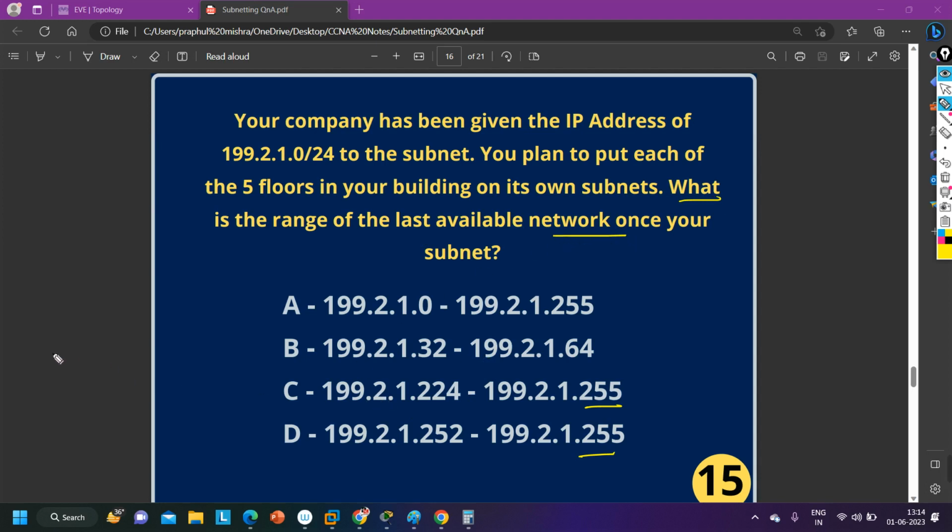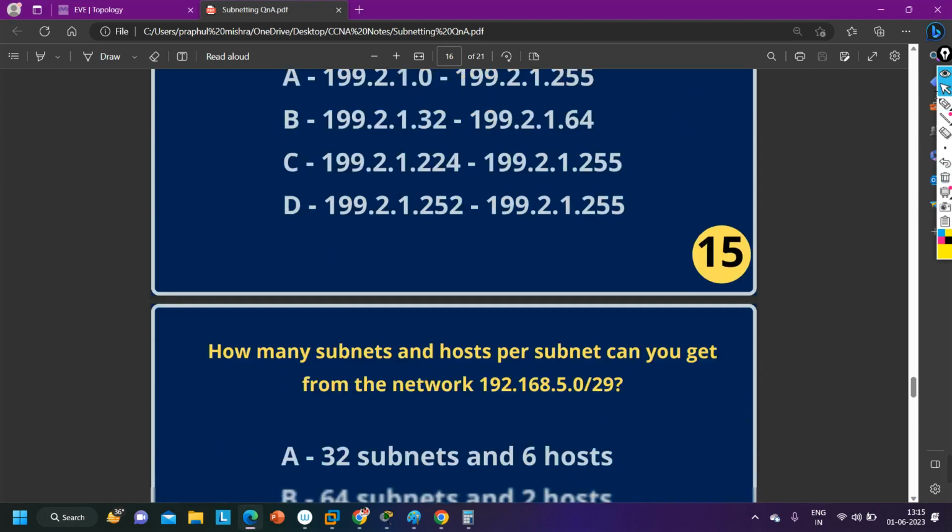The range of valid IP addresses will be 192.1.1.0 to 1.254. This is the range of valid hosts and this is the range of the network. And the question is asking the range of the network. Done? Yes. Great.